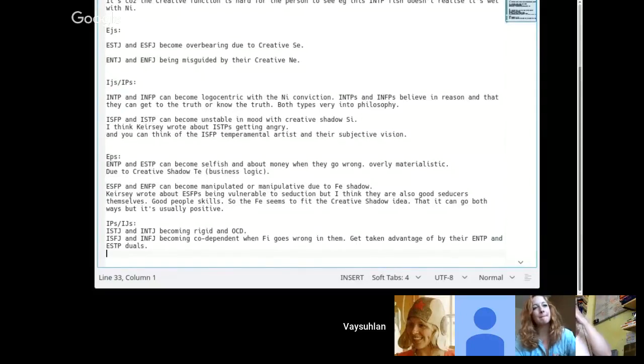The way to manipulate an ESFP is, well, what I would say pickup artists do is they will engineer a situation in which they make the woman think that the woman has seduced them. I know that sounds weird, but it's because the SP is like the chase and they like the drive.